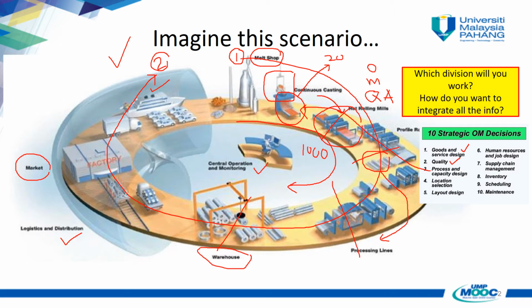Another decision that you as an engineer need to make is on location selection. You must make sure that all of these locations minimize your layout. This is arranged together as location selection and layout design. Why is this important?